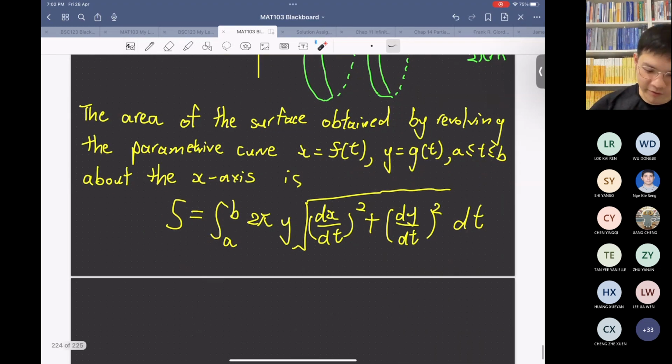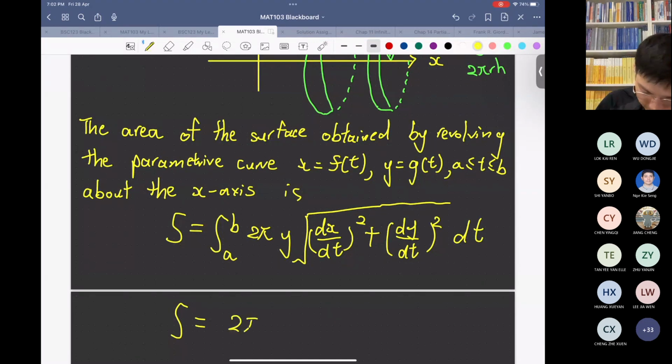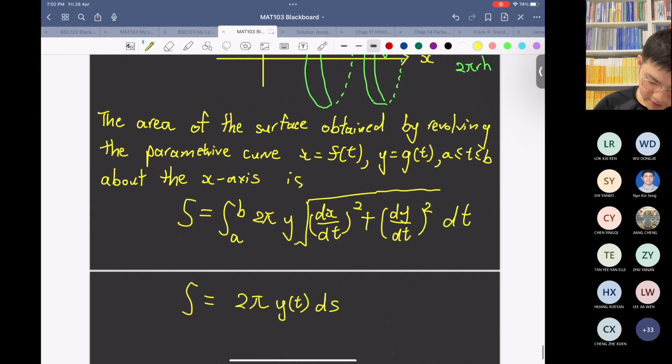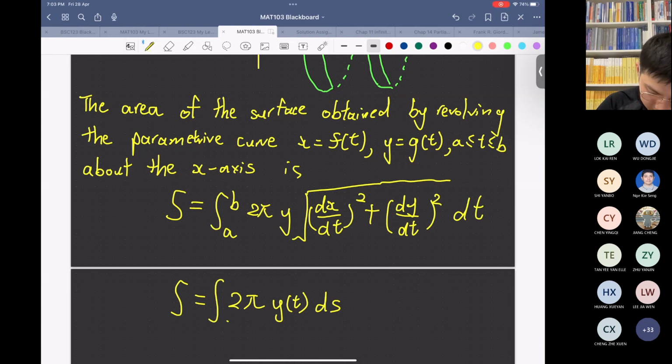So really, a normal cylinder would give 2 pi y times the length of the curve. But since this is irregular, we need to pass to the differentiation and integration of ds.